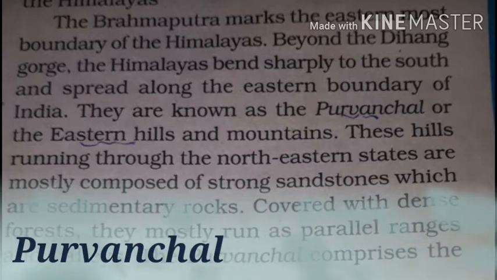These hills running through the northeast states, the sister states of India, are mostly composed of strong sandstones, which are sedimentary in nature, which we saw in our previous video on sedimentary rocks. Covered with dense forest, they mostly run as parallel ranges and valleys.